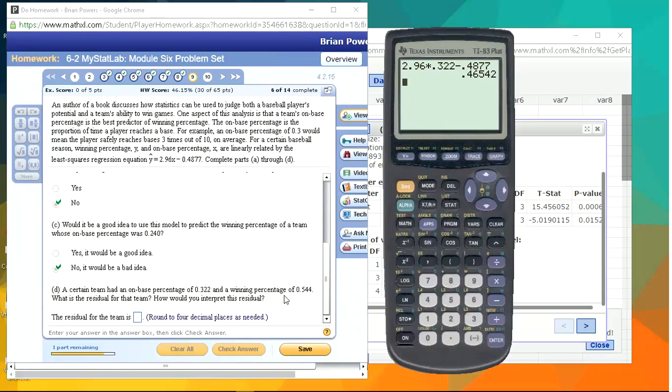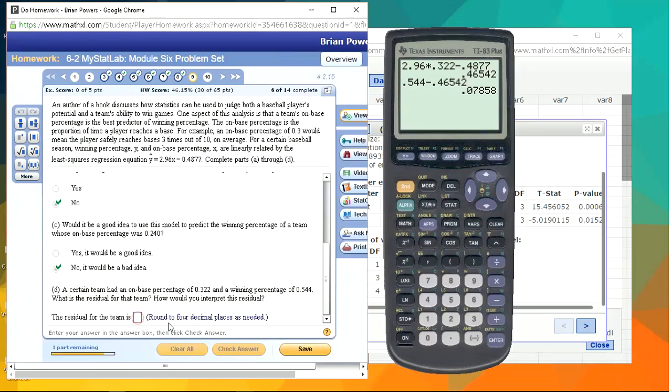Okay, cool. This is what the model would predict, and the actual was 0.544. So we always take the actual value, 0.544, minus the predicted value, 0.46542. So this is our residual.